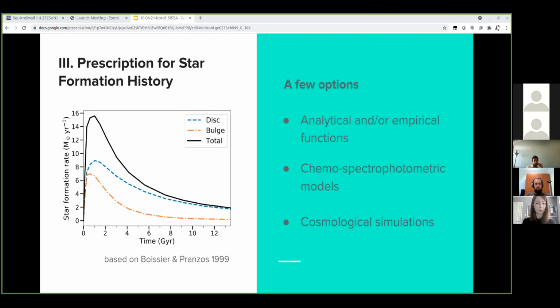I use this specific model for almost all of the studies I will show you later. And finally, if you are using cosmological simulations, you have the star formation history there for free in terms of the ages of the stars or star particles.